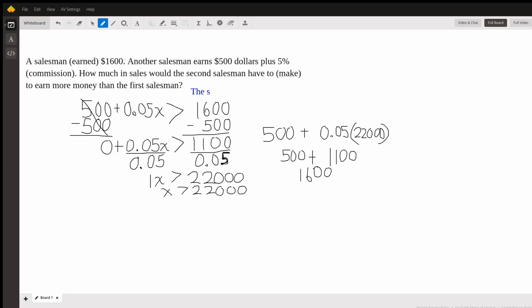The second salesman needs to make more than $22,000 in sales to earn more than the first salesman.